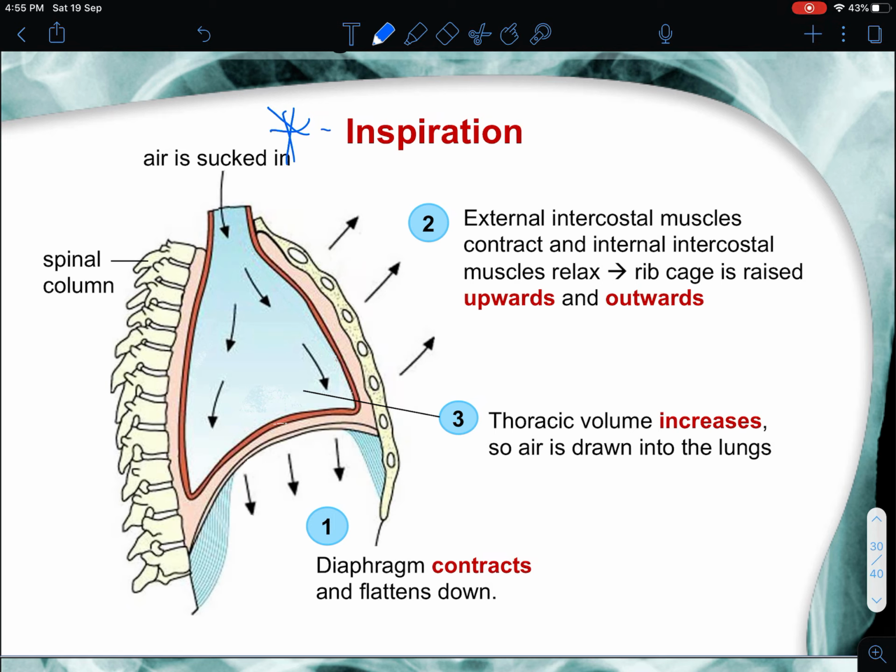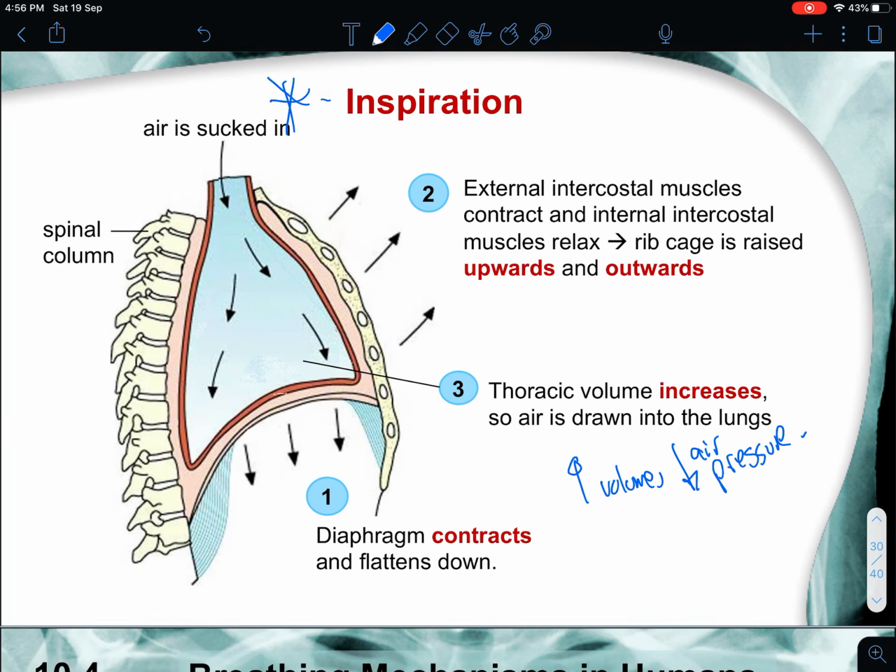Your whole chest will actually move upwards. Then this will result in the thoracic volume within your lungs to increase. The thoracic volume is the volume found inside your lungs, and this will then result in a decrease in pressure. When you increase the volume, you will actually decrease the air pressure in the lungs. This will then result in air rushing into your lungs.